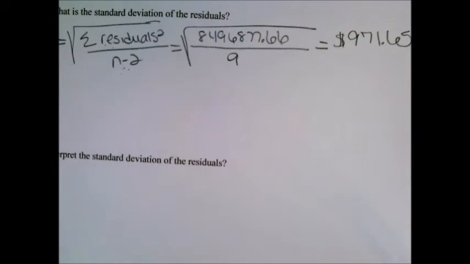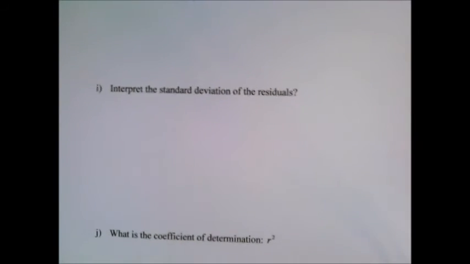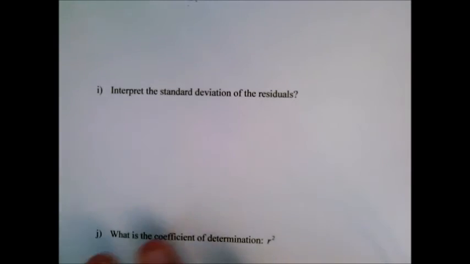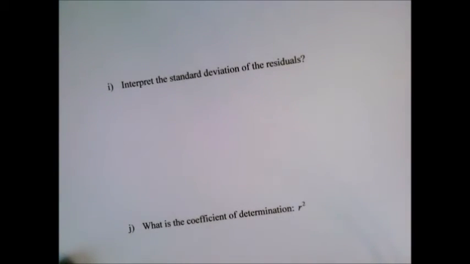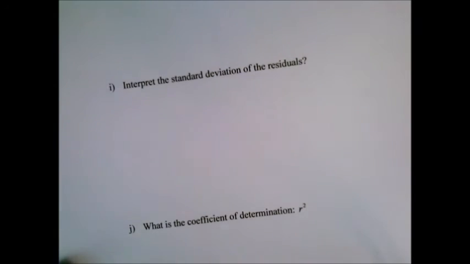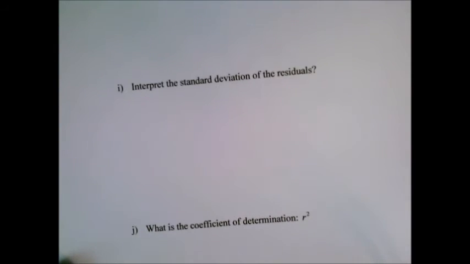What does that mean? Well, that's the next question. Interpret the standard deviation of the residuals. The standard deviation means, on average, the distance from the mean. This is the same thing, it's just the difference of the residuals.